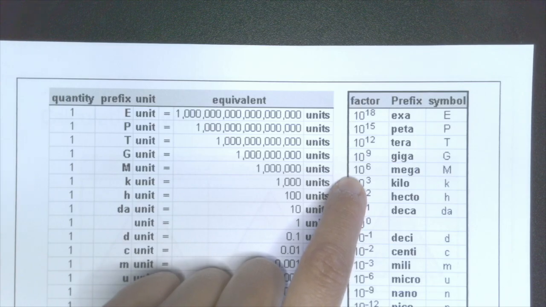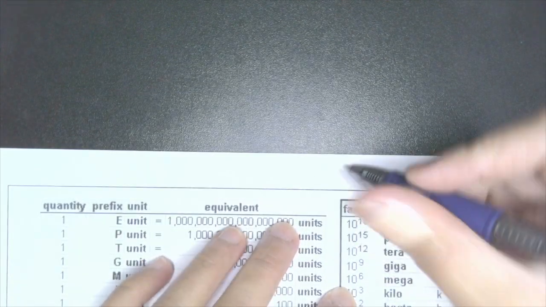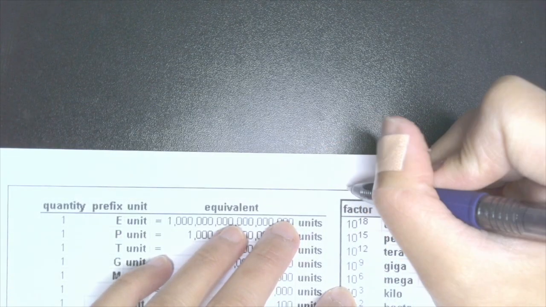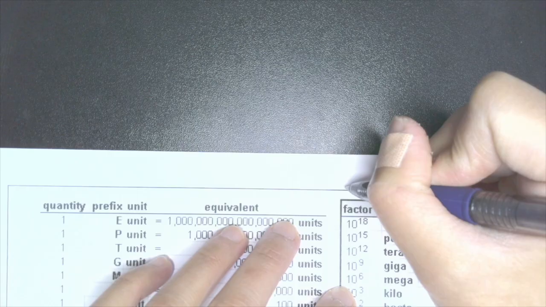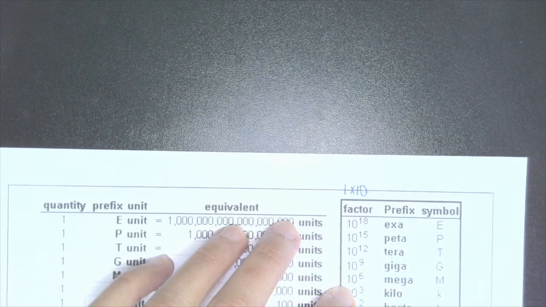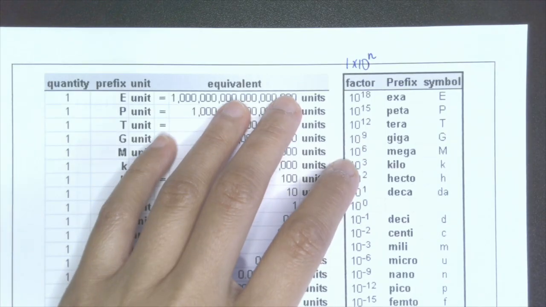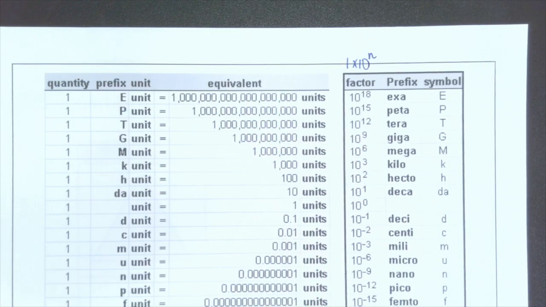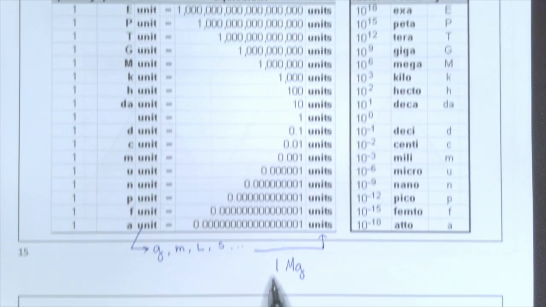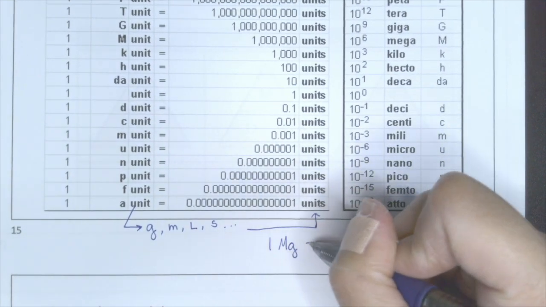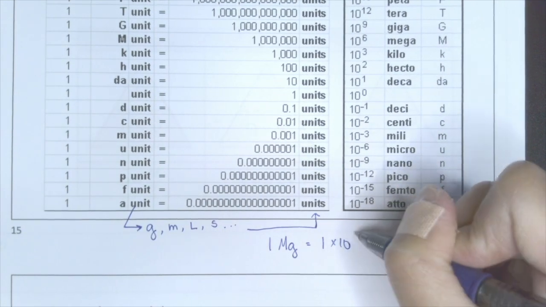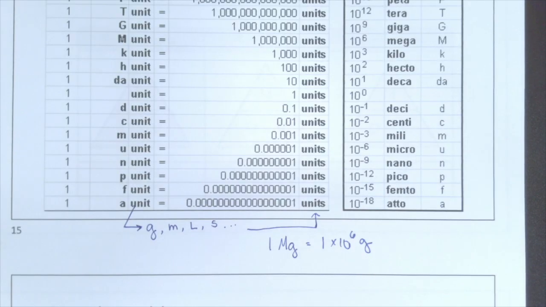So it can be to the 6th exponent. And again, these are in scientific notation. So really we have 1 times 10 to whatever power that is. So for mega, it's going to be 1 times 10 to the 6th. So 1 megagram is equal to 1 times 10 to the 6th gram.